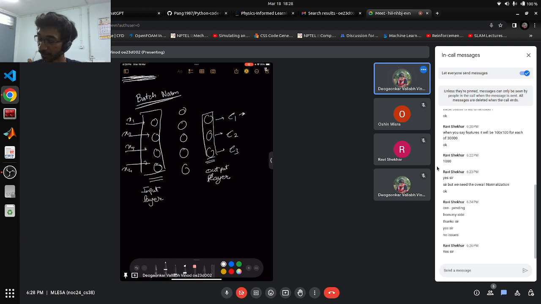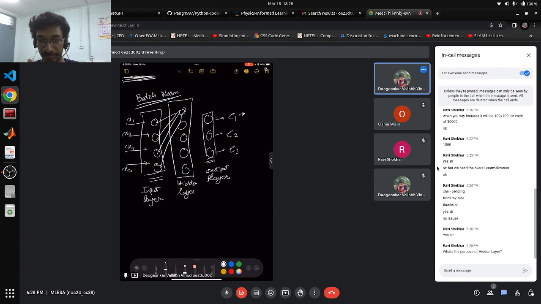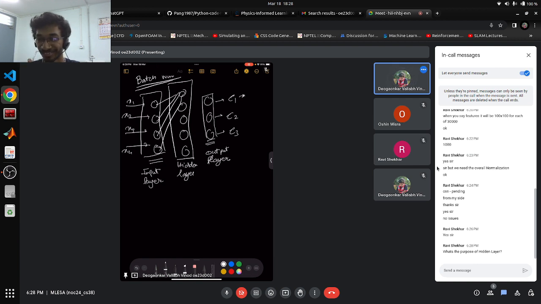In general, let's say you had a hidden layer in between here. You take these 4 inputs and each of them is passed to each of the neurons in the hidden layer. Okay, what is the purpose of the hidden layer? Are you also yet to complete the neural networks?